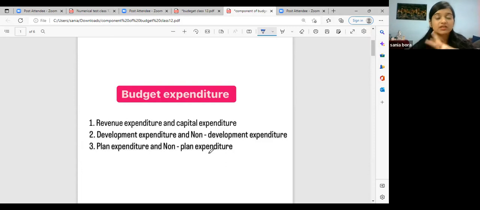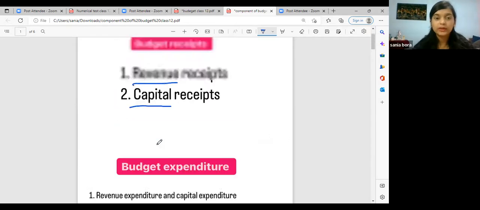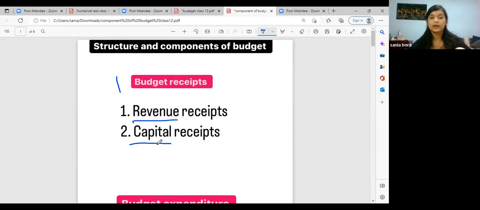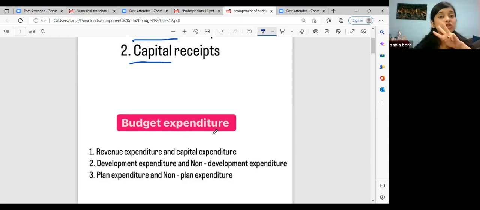But in some books it is written only three: revenue and capital, development and non-development, plan and non-plan. If I ask how many components the budget has, you will say there are only two: budget receipt, how much you are receiving, and budget expenditure, how much you are spending. Budget receipt is of two types: revenue receipt and capital receipt. Similarly, budget expenditure is of three types: revenue and capital, plan and non-plan, development and non-development.